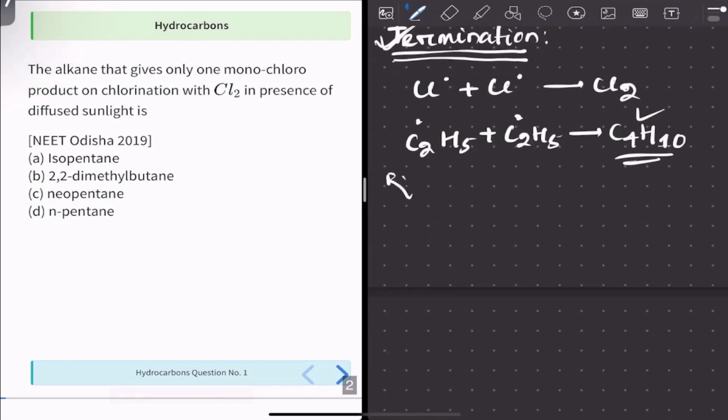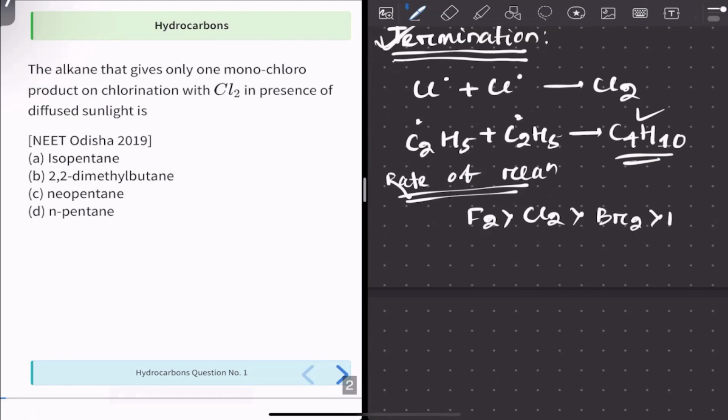For the rate of reaction, it will be highest for fluorine. Okay, fluorine will be the most reactive element, then chlorine, then bromine, then iodine.